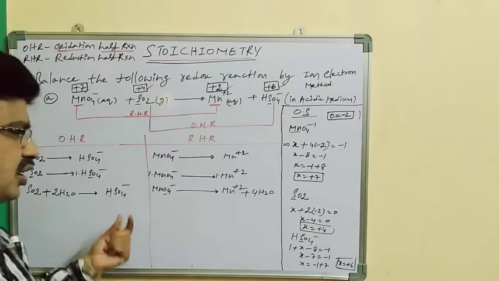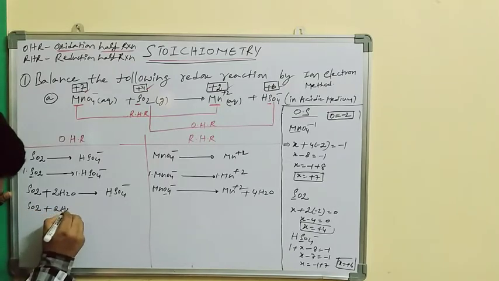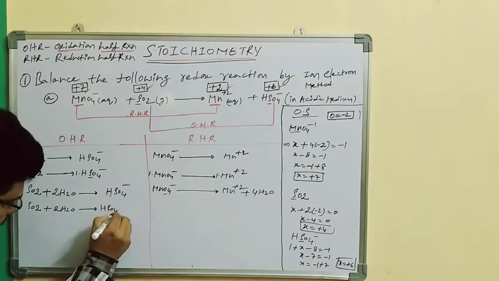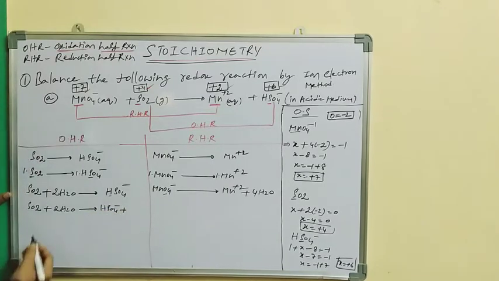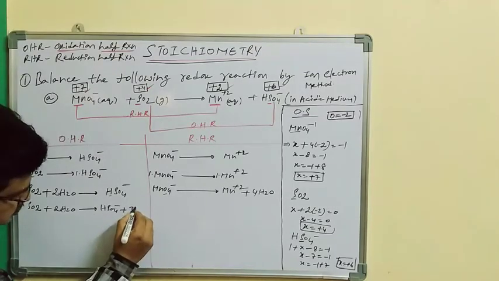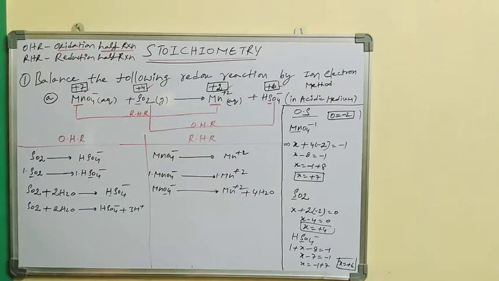I am adding 3 hydrogens on the product side. SO2 plus 2H2O gives rise to HSO4 minus. So here 4 hydrogens are there now. I am adding 3 hydrogens, since 1 hydrogen is already there on the product side.